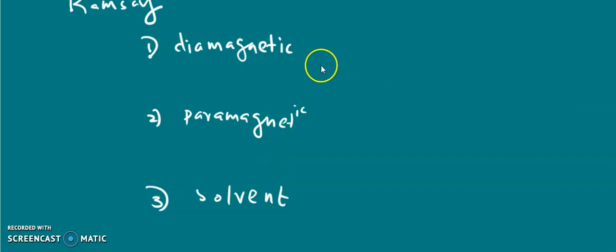So the diamagnetic effect causes shielding, and this shielding is de-shielded to a small extent by the paramagnetic field, where the magnetic field develops in the same direction as that of the applied magnetic field. So the effective magnetic field is somewhat de-shielded.